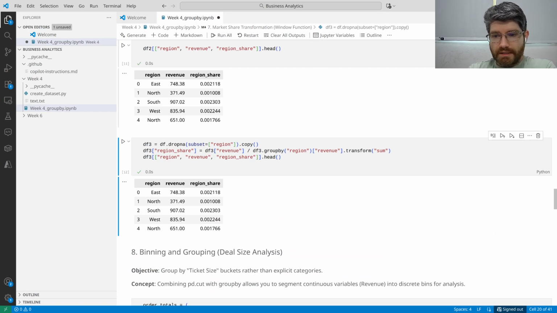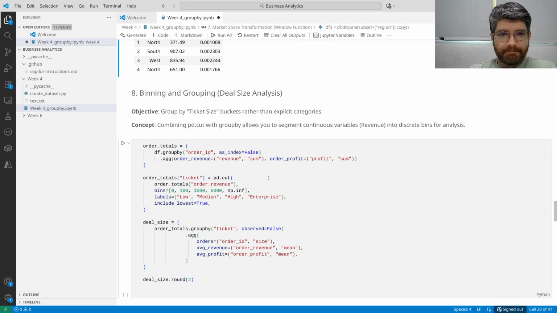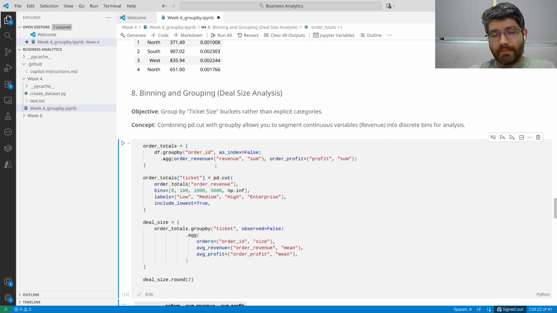The next pattern is deal size buckets, the hardest concept, where most mistakes might happen. We want to segment by deal size, small versus enterprise, and we cannot bin the line items. A large order might consist of 50 small items, so we must roll up to the order level first, then bin the totals.